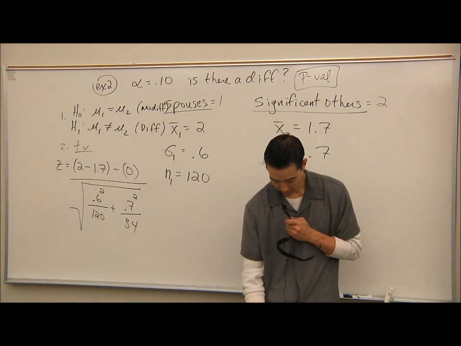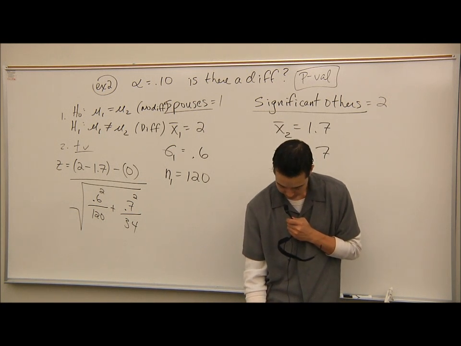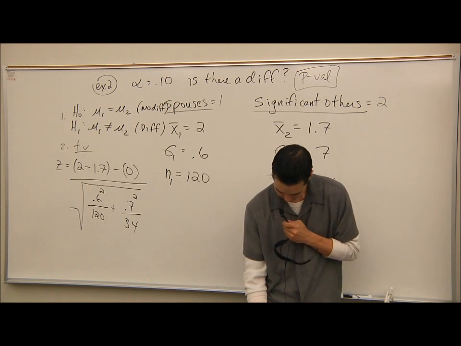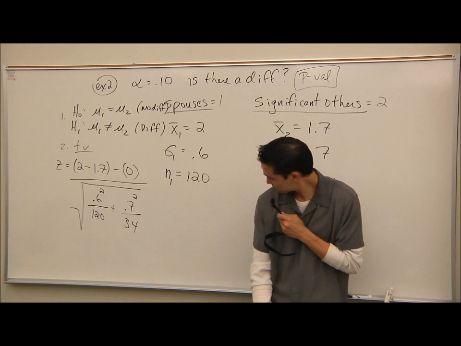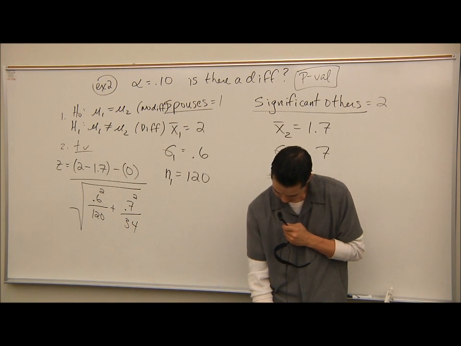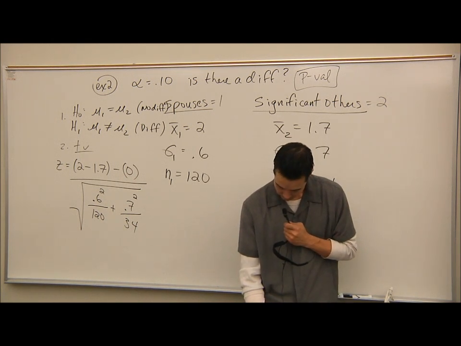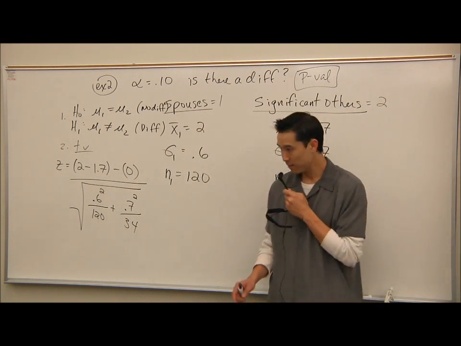And again, be super careful with the parentheses and the square root. When I'm plugging this in, I'm getting about 2.2735.